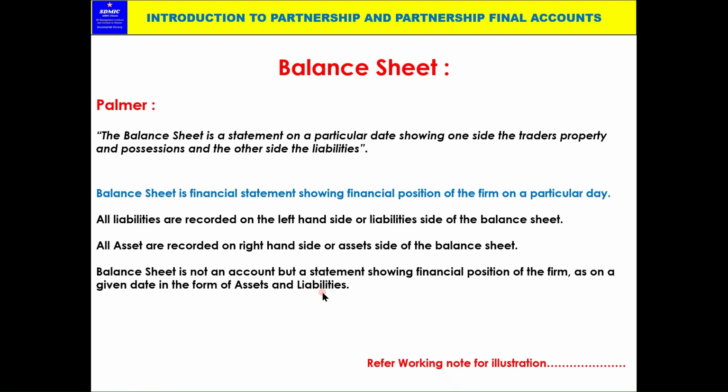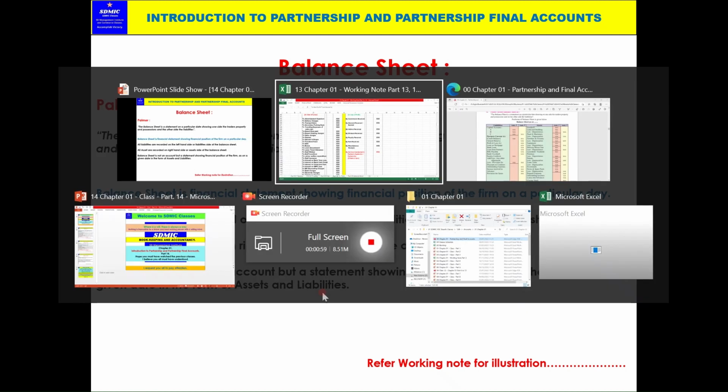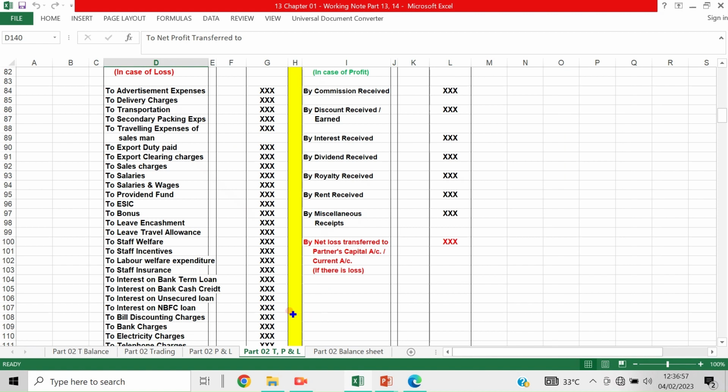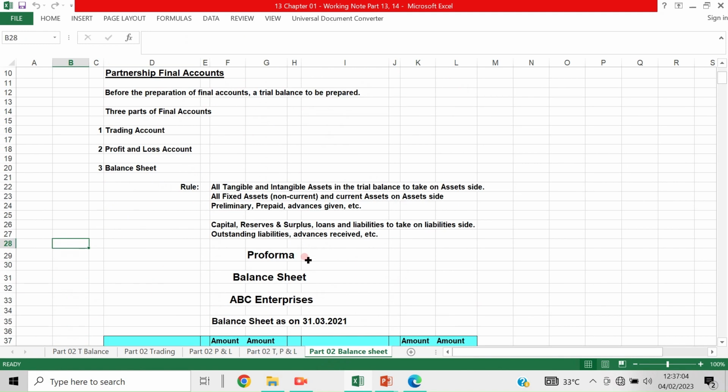So now let us refer to the working note for illustration. I will explain the format of the balance sheet. Okay, we have learned all these things: trial balance, trading account, profit and loss account, and combined trading and profit and loss account. Now let us move to the balance sheet. Now the rule: all tangible and intangible assets in the trial balance are to be taken on the asset side, all fixed assets, non-current and current assets, preliminary expenses, prepaid expenses, advances given, etc. These are all taken on the asset side of the balance sheet.